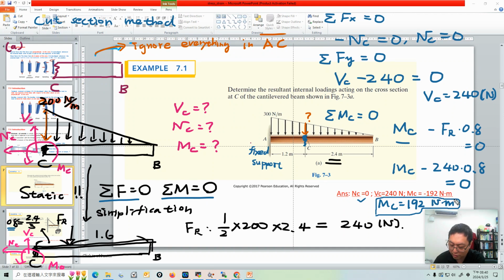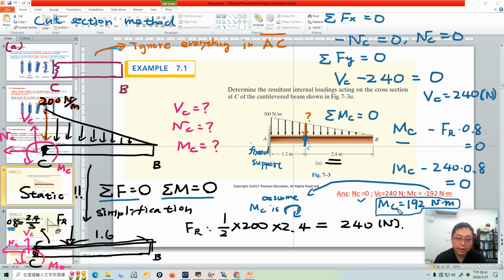That's because, I think, the textbook assumes MC is clockwise, so you get a negative value. That means it's counterclockwise.